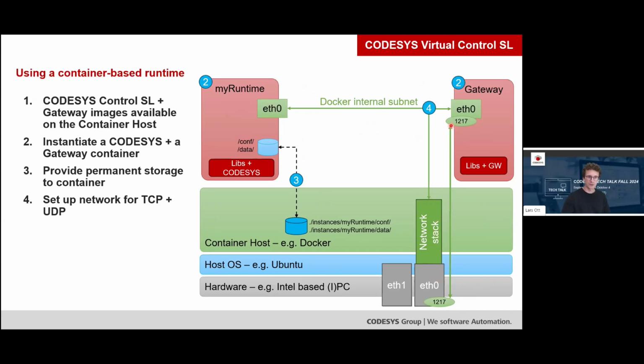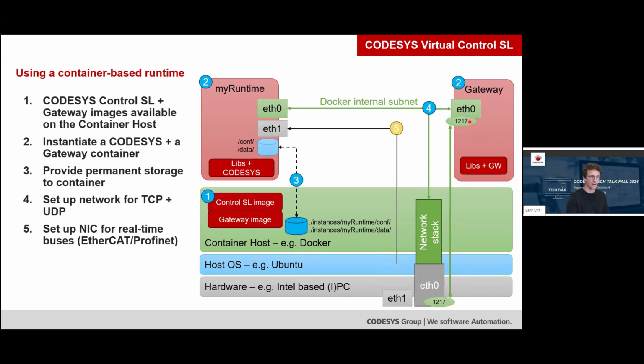We're also going to map one specific port, port 1217, from the gateway container to be reachable from the outside on port 1217 on the host. So anytime I now talk to the host IP address on port 1217, those messages automatically get forwarded to the gateway container. Oh yeah, now my images come up.